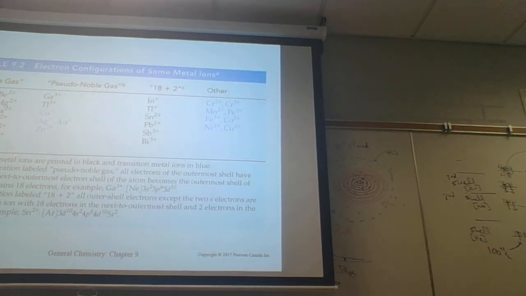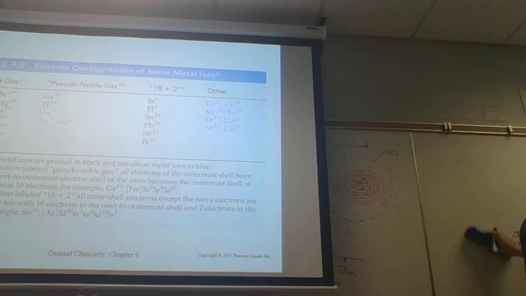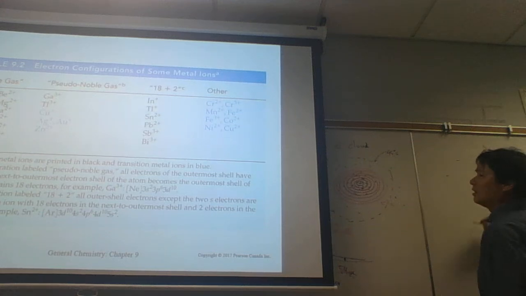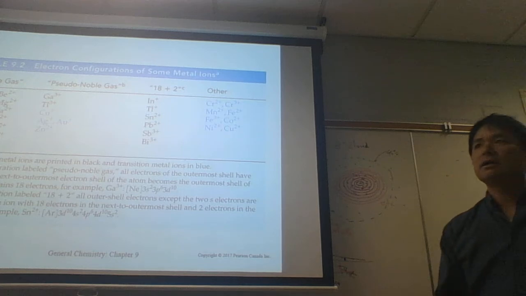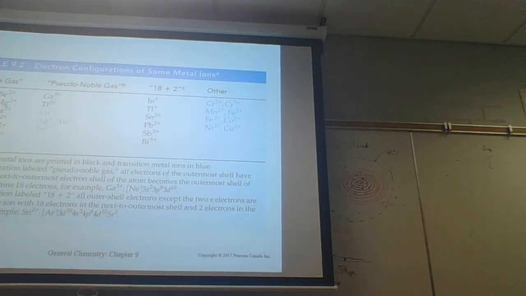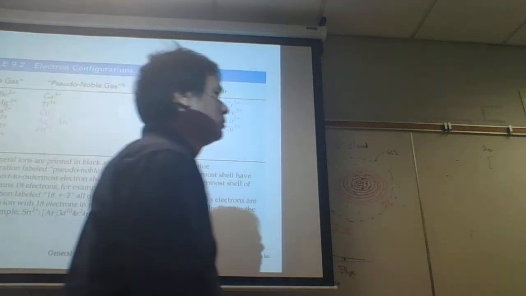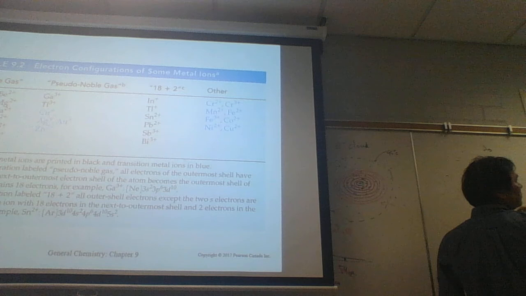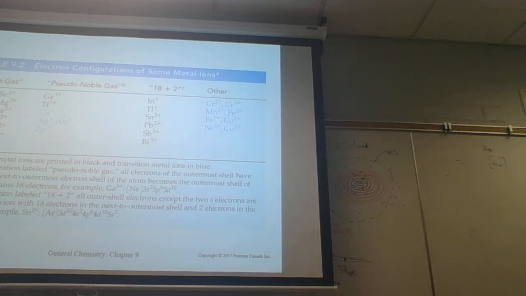Silver is not going to be argon. We're going to use krypton. So start out with krypton and tell me the electron configuration for silver.